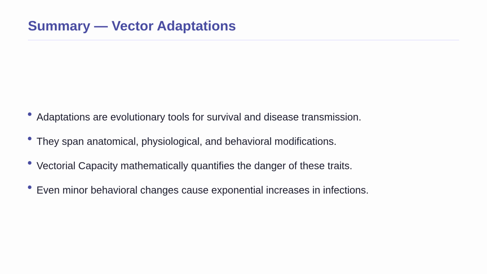Third, by translating these biological traits into mathematics using the vectorial capacity formula, we can clearly see the danger they pose. As we proved, even minor adaptations can drastically increase disease spread. Understanding these concepts is your very first step in designing effective public health strategies. You have now mastered the fundamentals of insect vector adaptations.